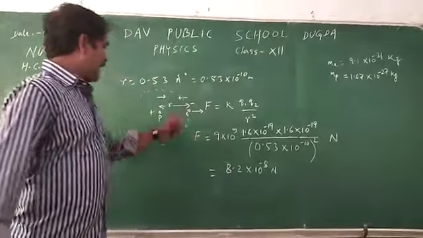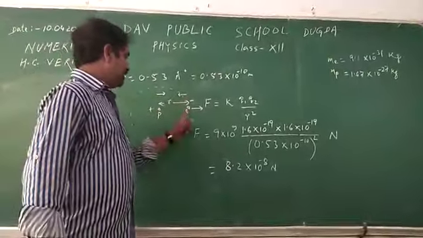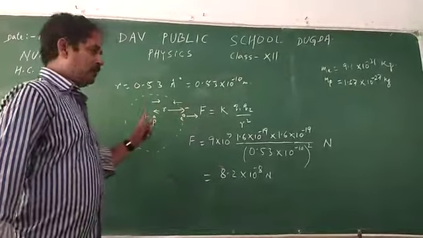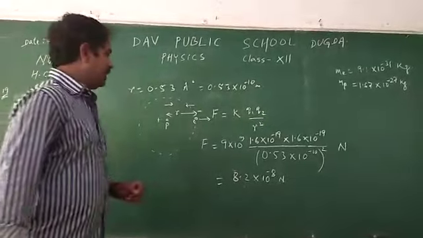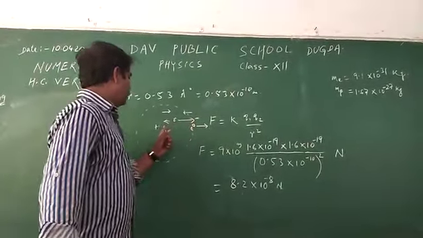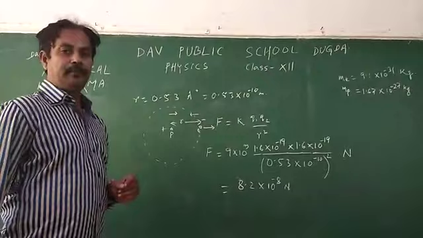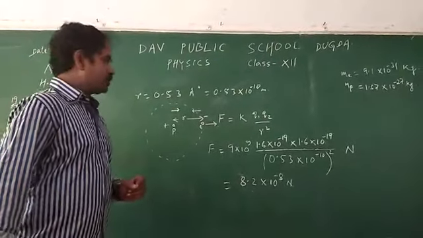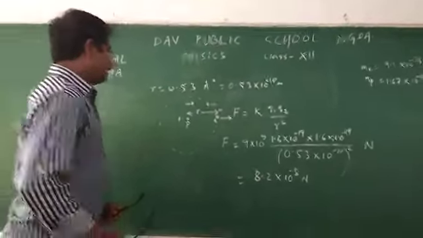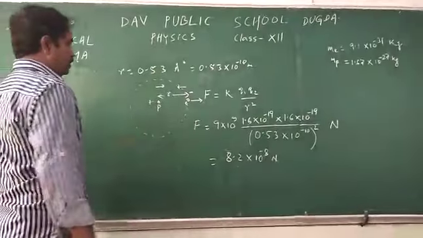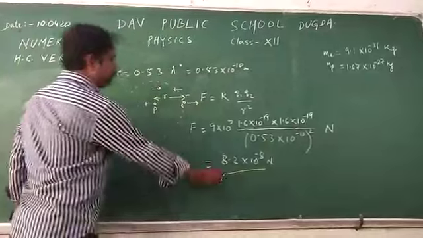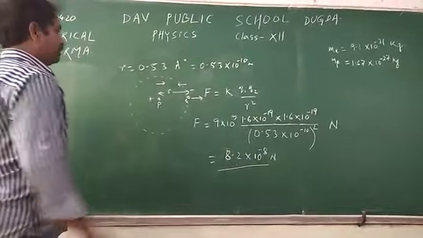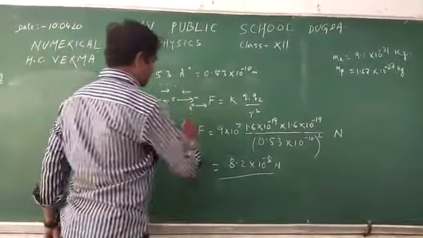Even though the electron has this much force towards the proton, practically the electron does not move towards the proton. So there must be some force balancing this attractive force, and that force is the centrifugal force.